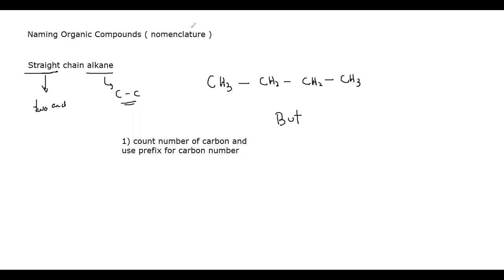Then second, because throughout the chain it is a single bond, use the suffix ane. So what will be the suffix here? But because of 4 carbon and ane because they have a single bond. So this compound is actually butane.